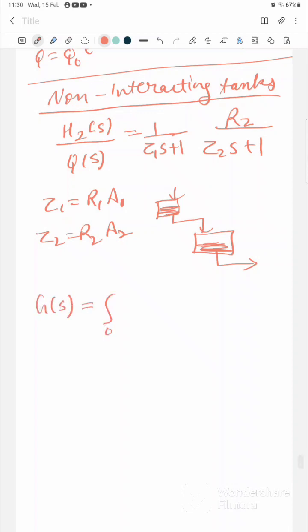Gs is defined as integral from 0 to infinity e to the power minus st function t minus tau dt.